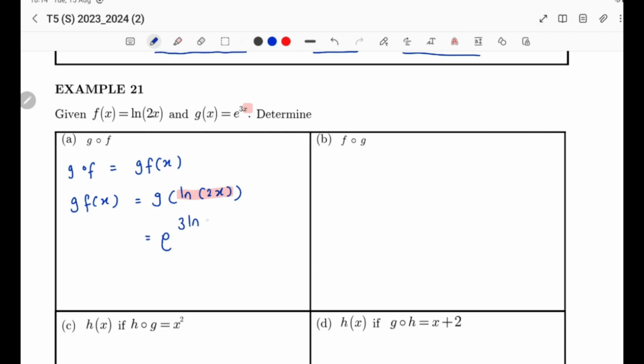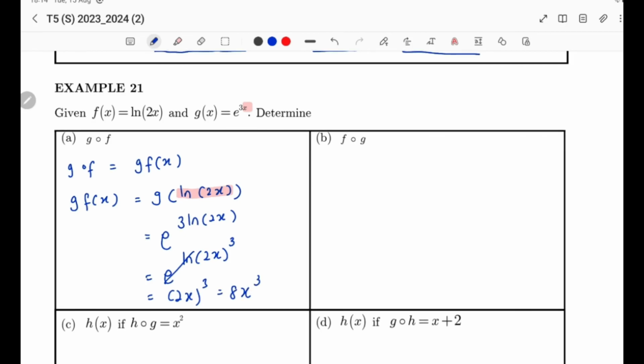E to the power of 3 ln 2x. And then we know that e and ln can be simplified, so e to the ln 2x cubed, and it's just 2x cubed, which is 8x cubed.